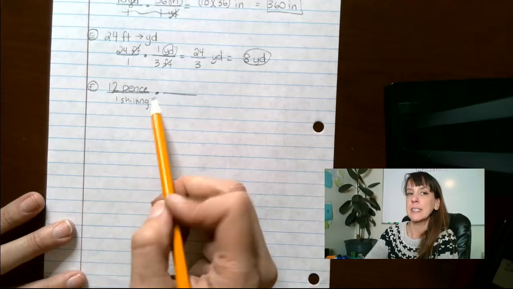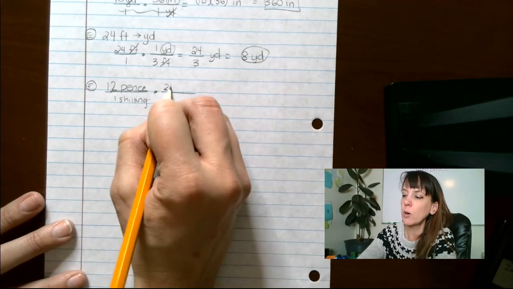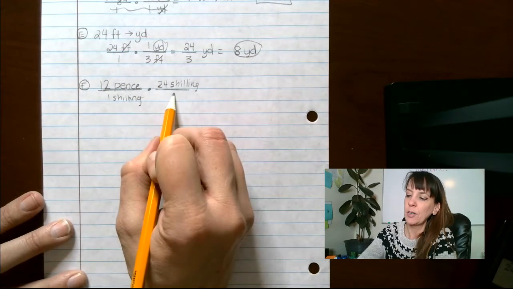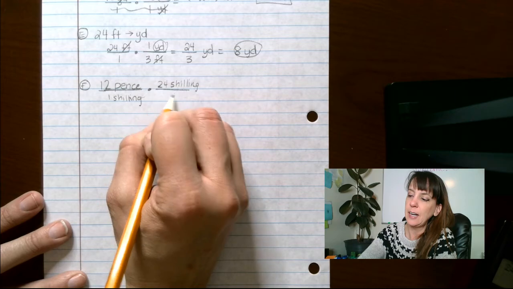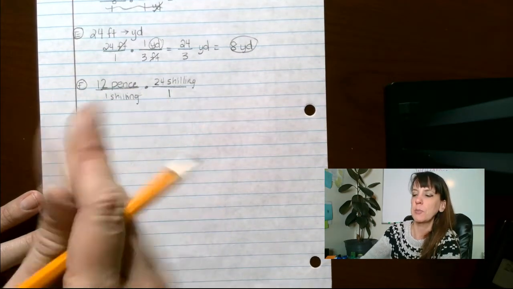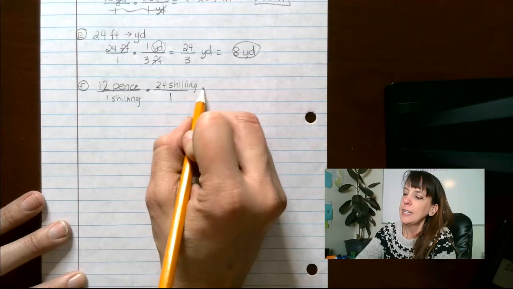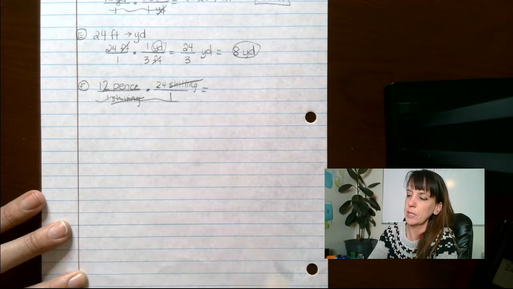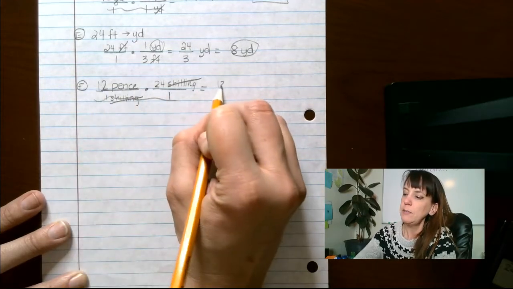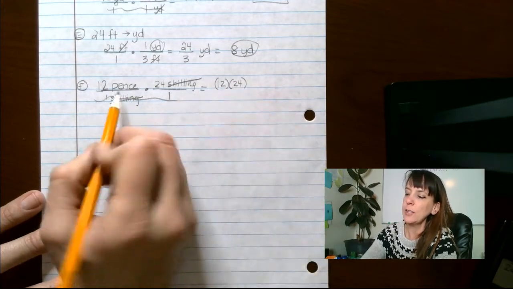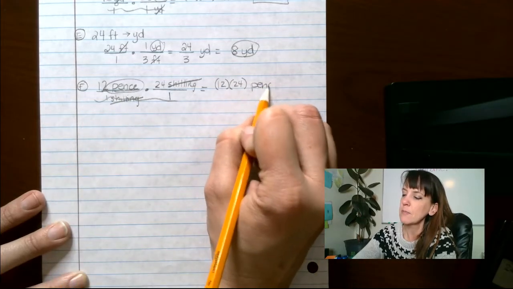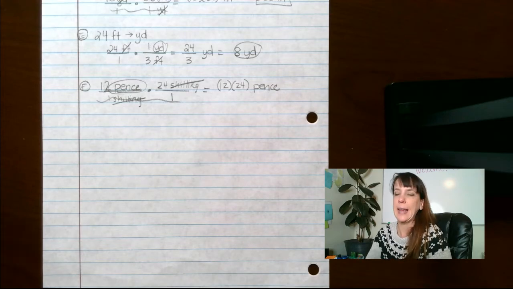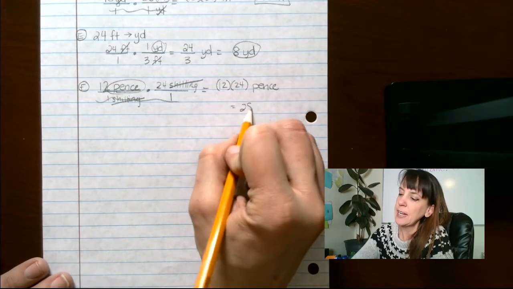He had 24 shillings, so I want to get rid of shillings, so I'm going to put 24 shillings up here, over 1. I'm kind of doing this one backwards. Usually we start with this first, okay? Equals, so shilling goes away. Now I just have downstairs, I have 1 times 1, which is 1, so we can get rid of that. Upstairs I have 12 times 24, and the unit that I have remaining is pence. Let's do the math on that. 12 times 24 is 288. So that equals 288 pence.